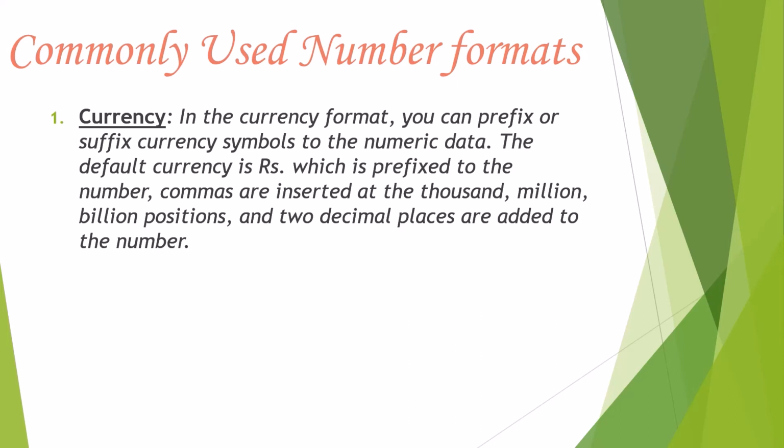First is currency. Whenever we are using the currency format, we can prefix or suffix currency symbols to the numeric data. That means we can add the currency symbol before or after the number.